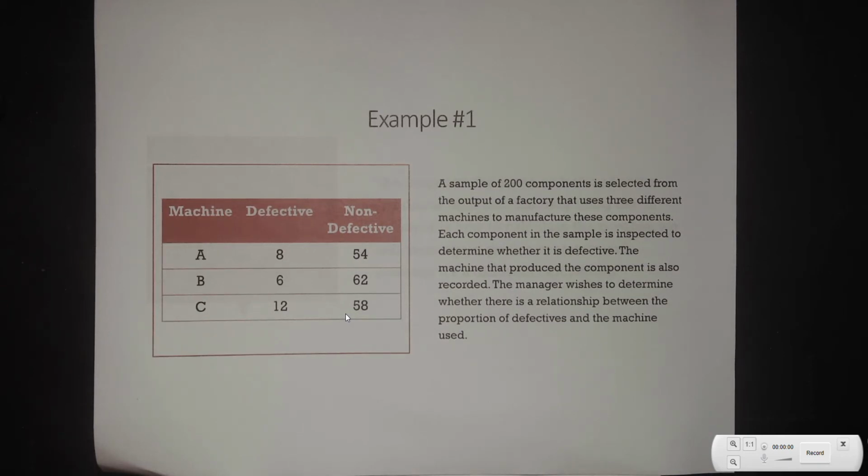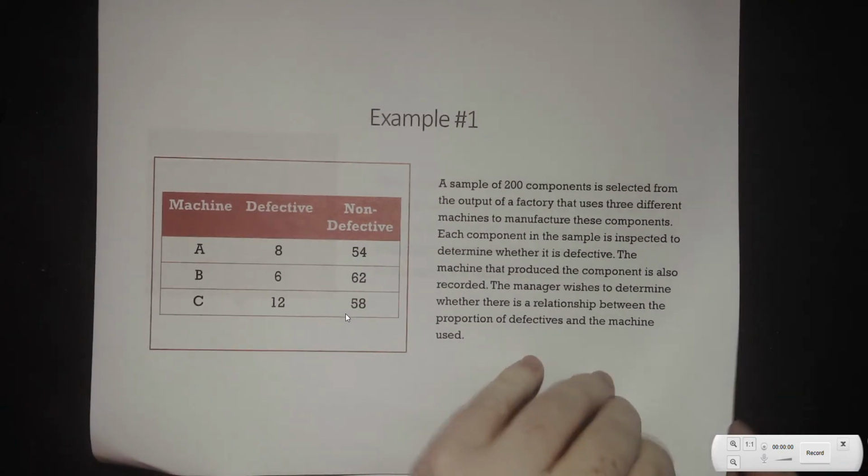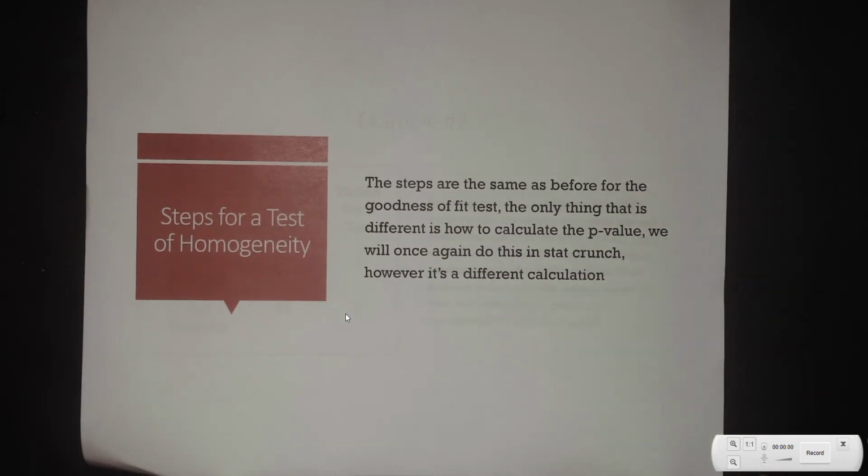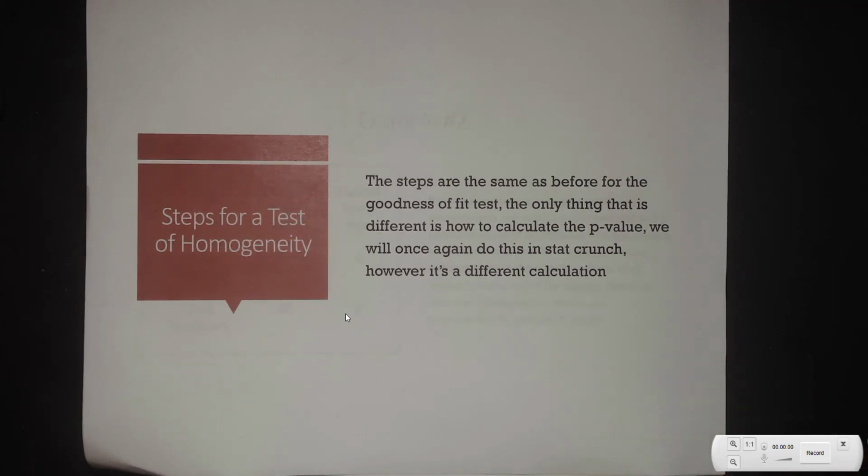So we're going to have a very similar situation. Everything's pretty similar to what we did with the chi-squared test before. The only big thing is that it's a little bit different how you would calculate the p-value, but we're going to go ahead and just let StatCrunch do it anyway.